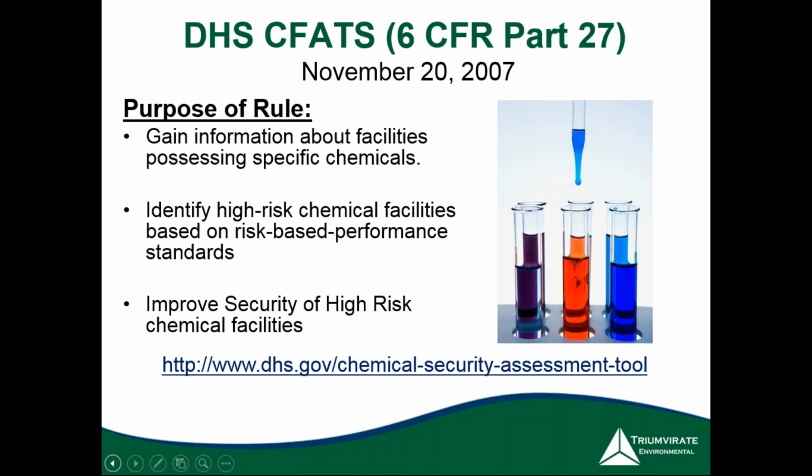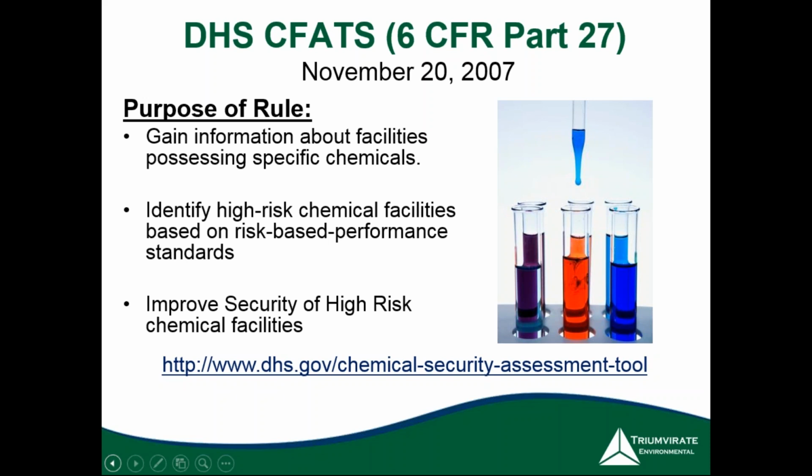The Department of Homeland Security and CFATS. The purpose of this rule is to gain information about facilities possessing specific chemicals. They want to identify high-risk chemical facilities based on risk-based performance standards. The whole goal is to improve security of high-risk chemical facilities. Basically, what determines whether you're one of these high-risk facilities is if you have chemicals that are on the list of chemicals of interest, or COIs.